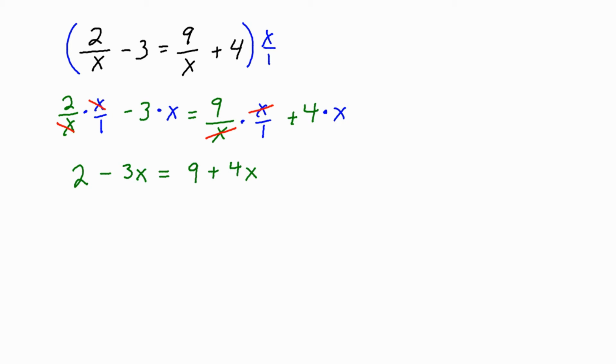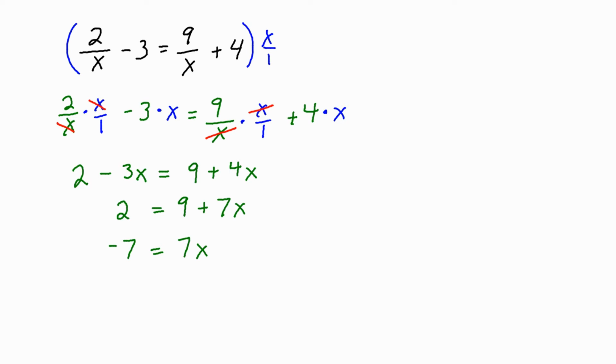Start by getting the x's on the same side. I can add 3x to both sides, which means 2 equals 9 plus 4x plus 3x is 7x. My next step is to subtract both sides by 9. 2 minus 9 is negative 7, which equals 7x. Then divide both sides by 7.